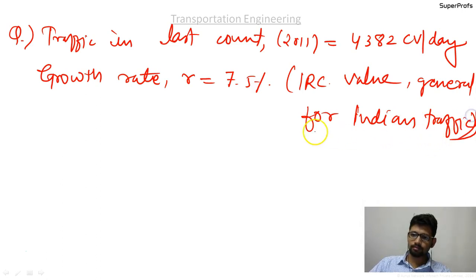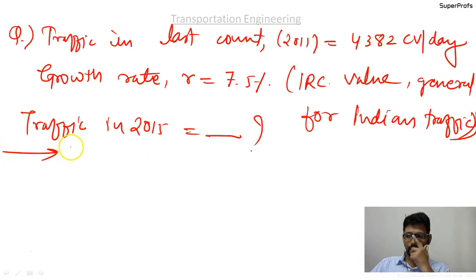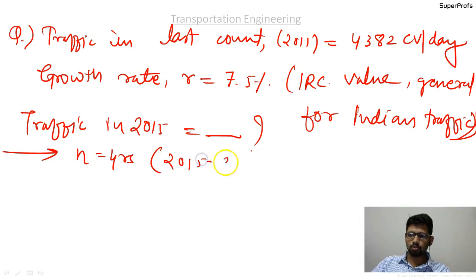What is the traffic in 2015? The question is the anticipated traffic in 2015. In this case, n is equal to 4 years, that is 2015 minus 2011 equal to 4.